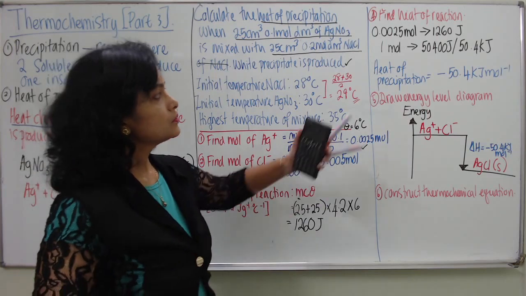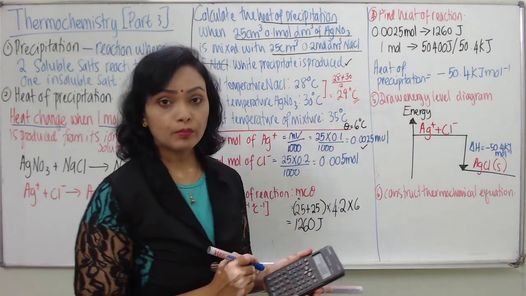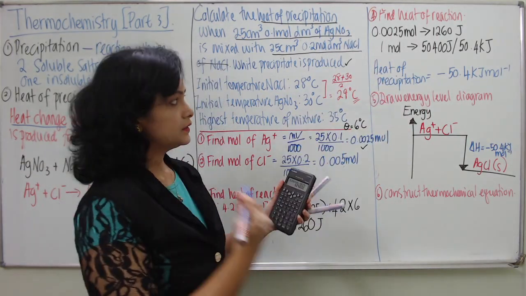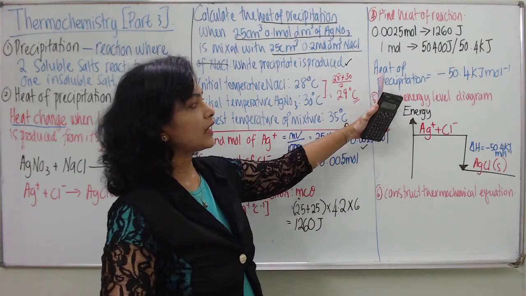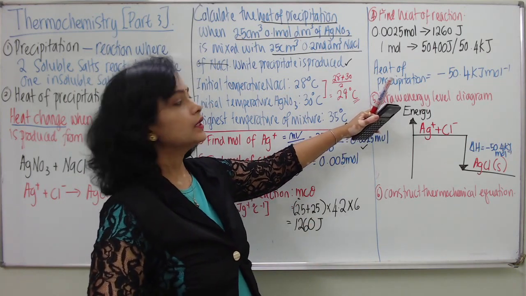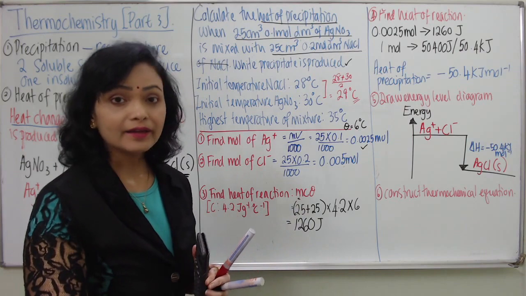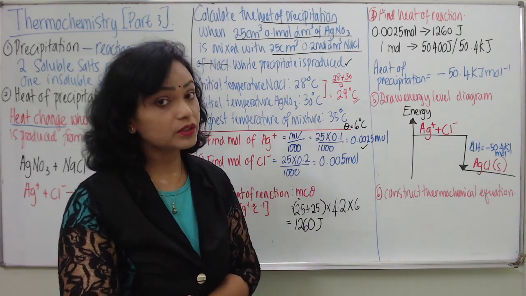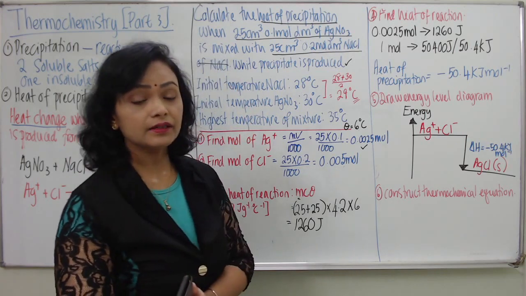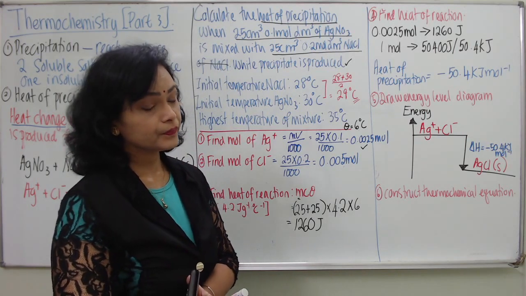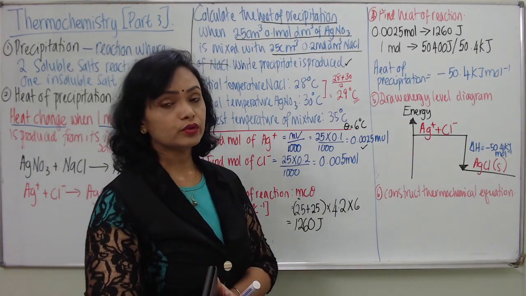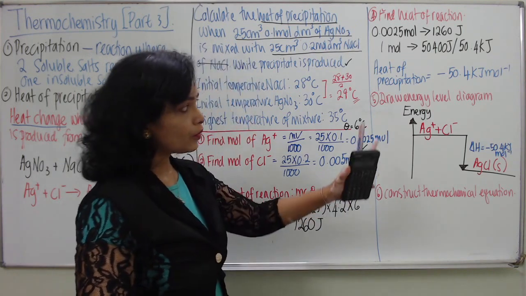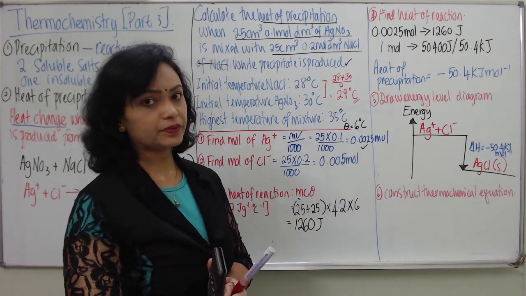Once you get the answer for 1 mole, convert the information into this type of information: heat of precipitation. Now why the negative sign? Because again we know this is an exothermic reaction, so the negative sign will come into the picture. And kilojoule per mole, so that is how you write for heat of precipitation.